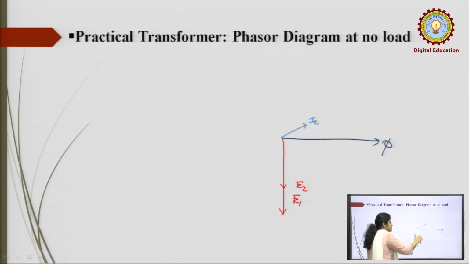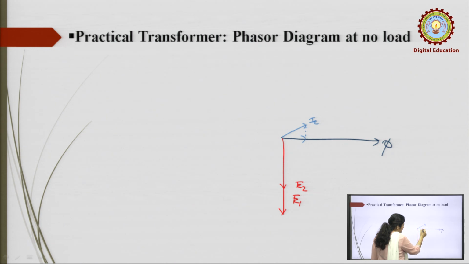This current is called the exciting current. With reference to this phasor, you can divide it into two parts.